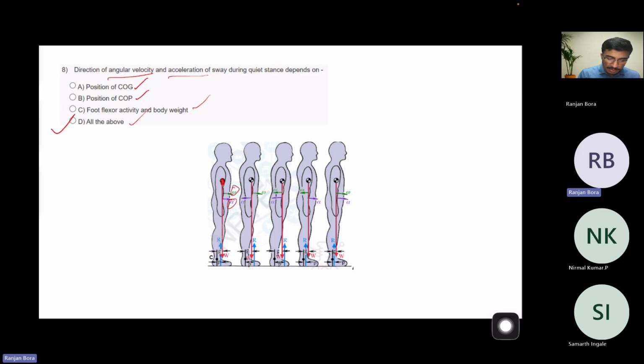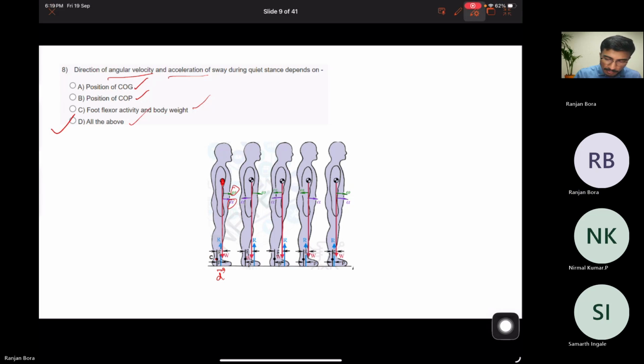So there is one relation: from the ankle joint, P is the distance to the position of COP. G is the distance between the ankle joint and the line of action of the weight, which acts through the COG.